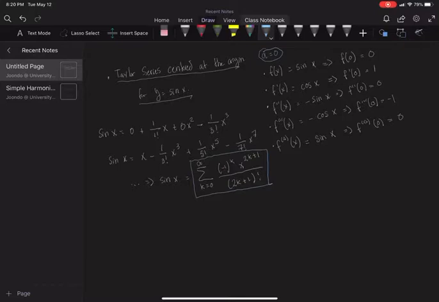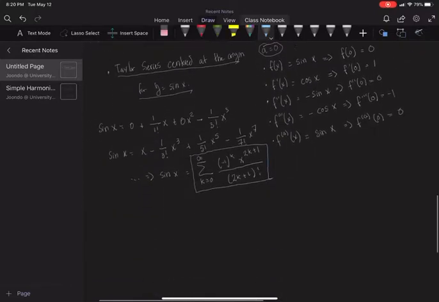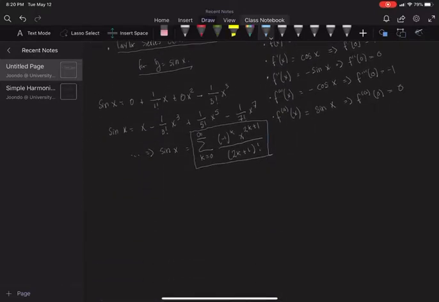And if you find the Taylor expansion for cosine of x, you're going to find that cosine x really equals the sum of k equals 0 to infinity of minus 1 to the k, x to the 2k over 2k factorial.